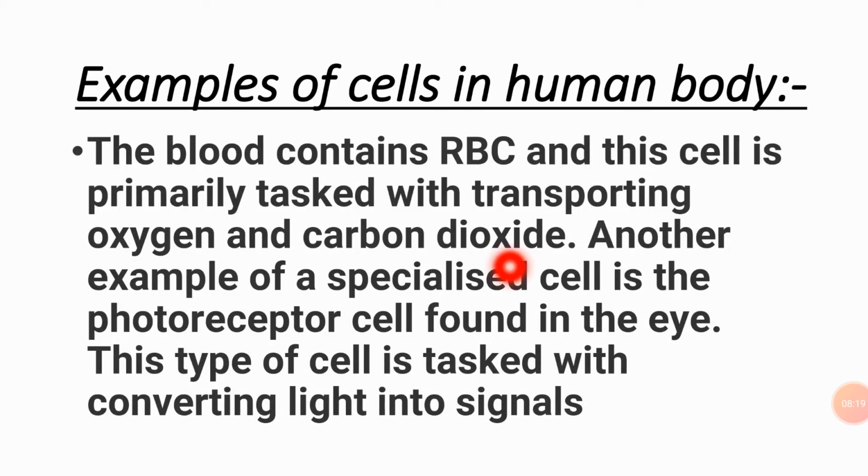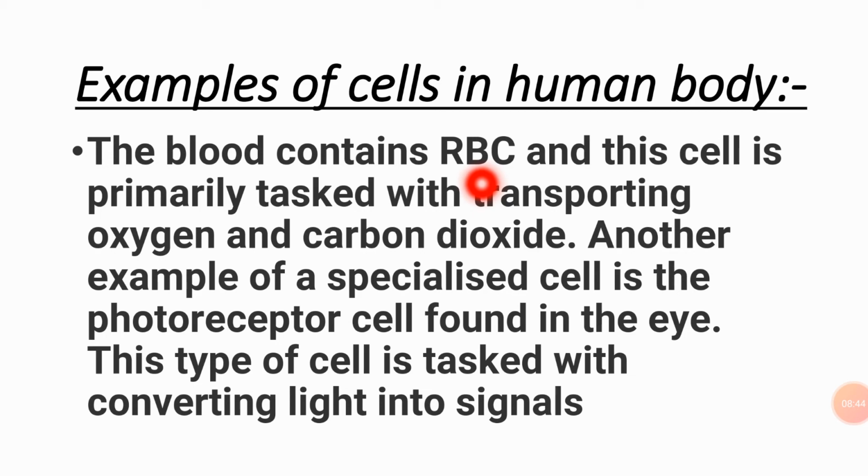If we have to discuss examples of cells present in the human body, we can discuss the example of the red blood cell, which is primarily tasked with transporting oxygen and carbon dioxide. What is the function of red blood cells? Red blood cells are the main component of our blood.